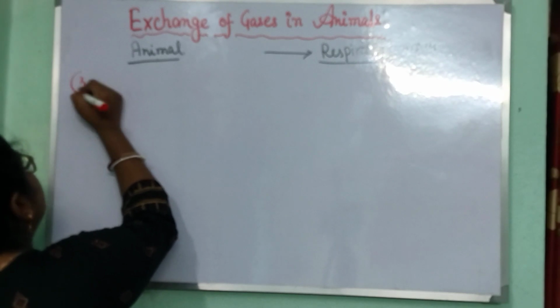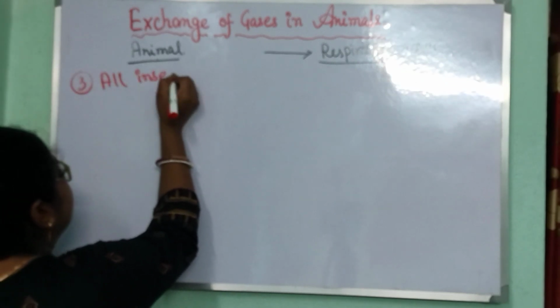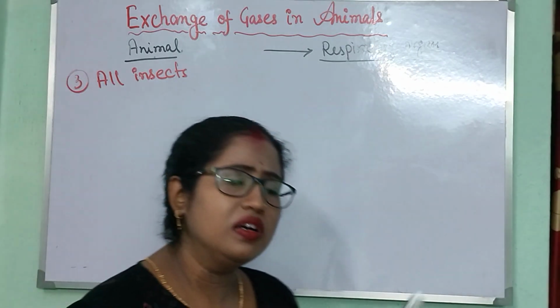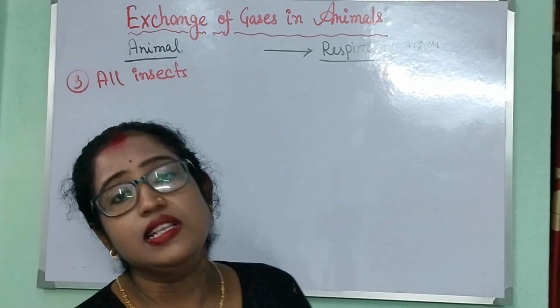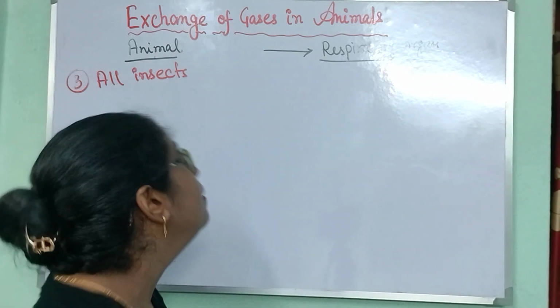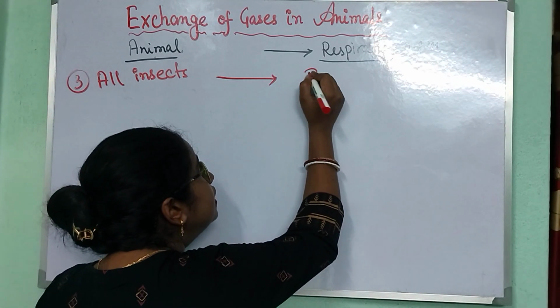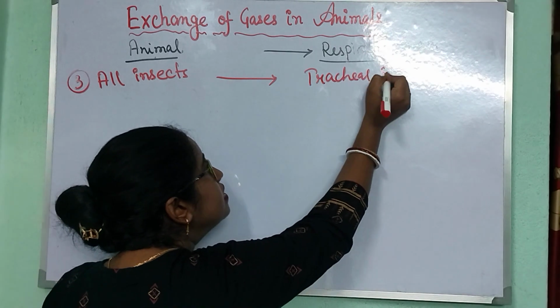So all insects, like flies, mosquitoes, or other worms that belong to the insecta group, respire through the trachea, or the tracheal system.